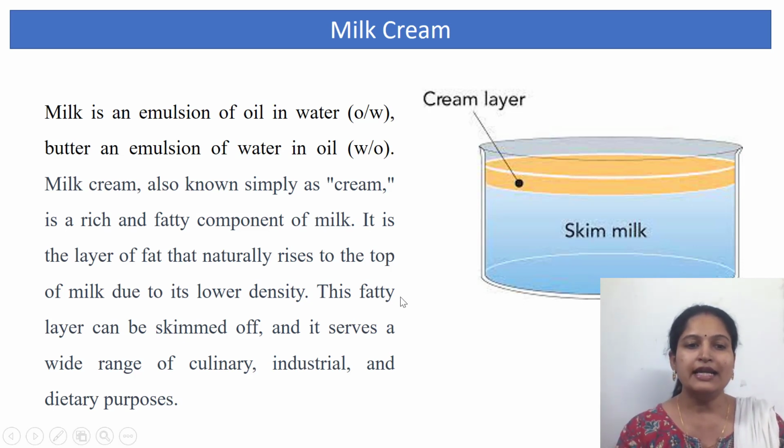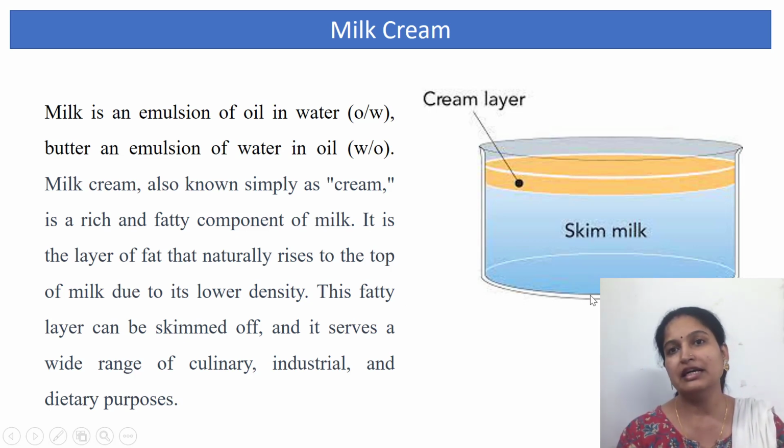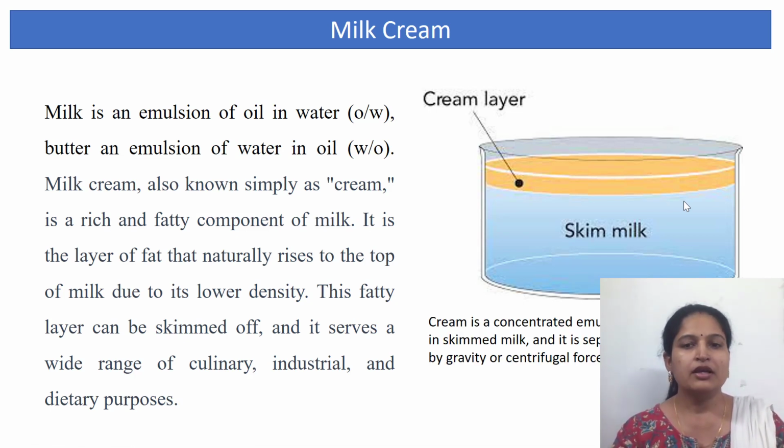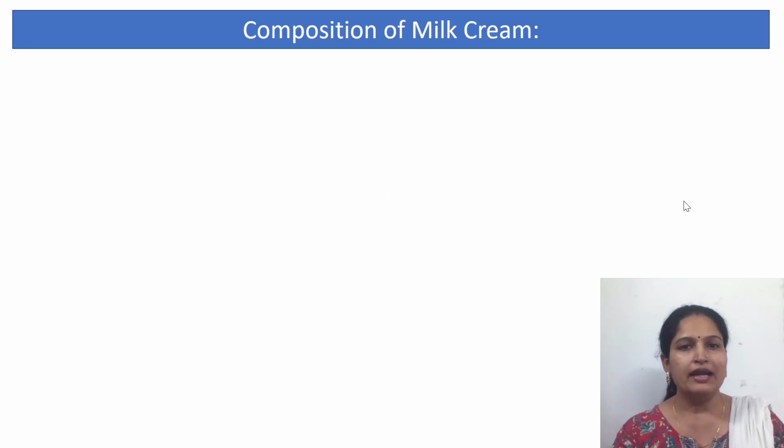So this fatty layer can be skimmed off and it serves a wide range of culinary, industrial and dietary purposes. As we can see here, if this is a milk, then the lower level is called skim milk, while the upper layer, which turns out to be rich in fat, is known as a cream or a layer of cream. Now let's move ahead.